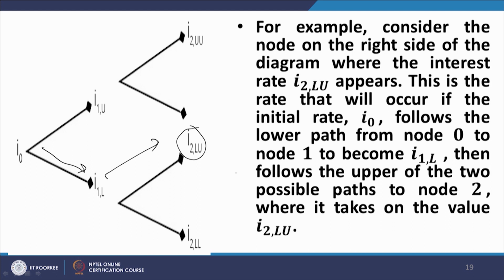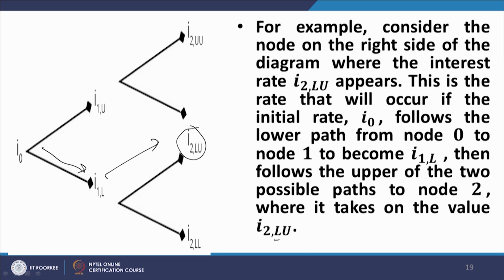So, I 2 LU is the rate that will occur if to the initial state, that is I 0, there is a lower path from node 0 to node 1 to become I 1 L, and then it is followed by the upper of the two possible paths from node 1 to node 2, where it takes the value I 2 LU.